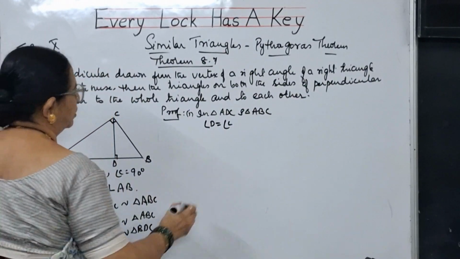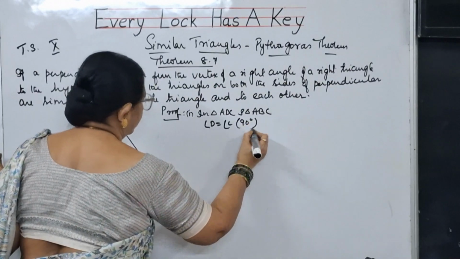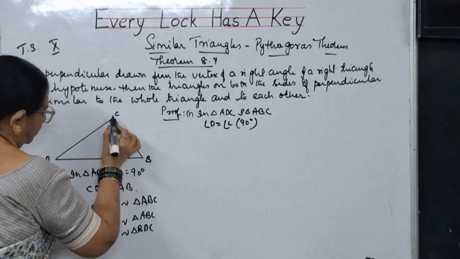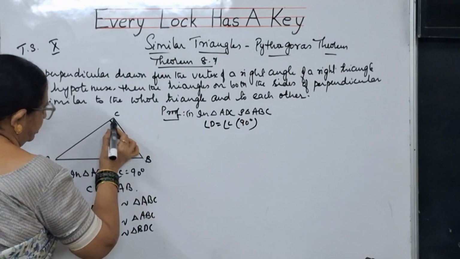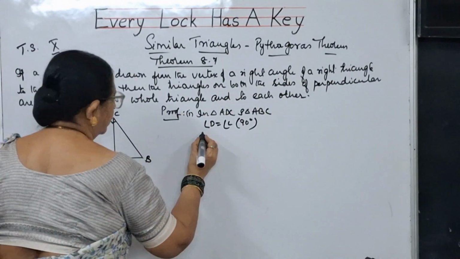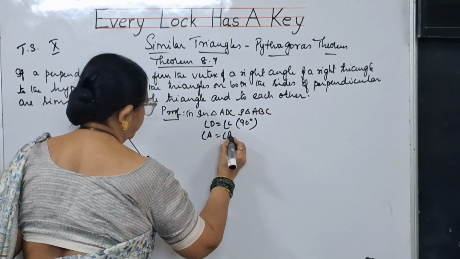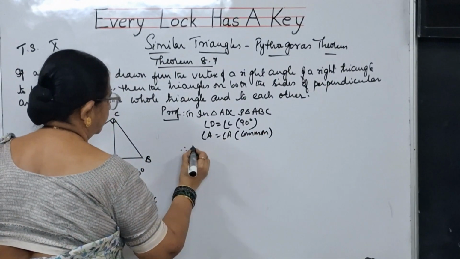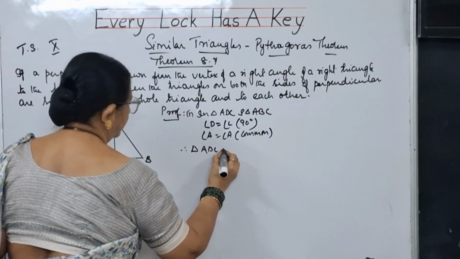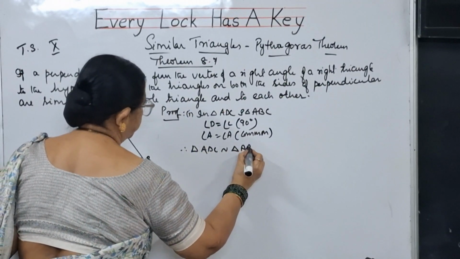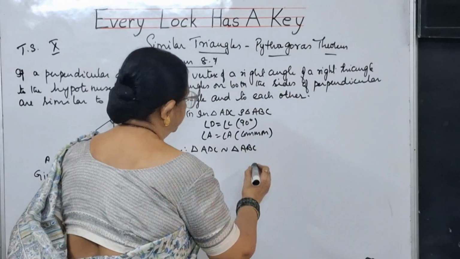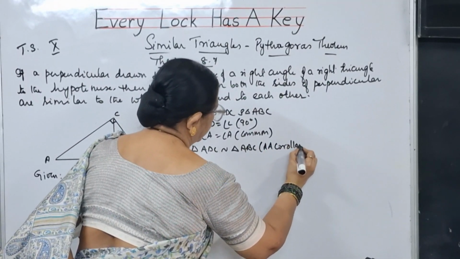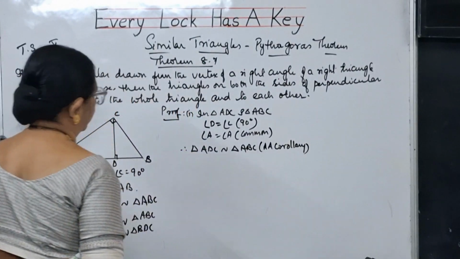So, angle D is equal to angle C because they are 90 degrees. And see, triangle ADC is this triangle, ABC is this triangle. So, both of them have angle A as common. Angle A is equal to angle A, they are common. Therefore, triangle ADC is similar to triangle ABC basing on angle corollary. So, first bit I have proved.